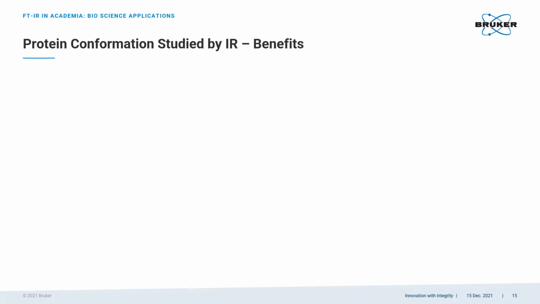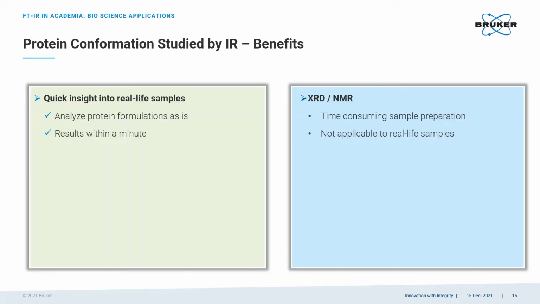Now we've seen what kind of analytical information can be obtained from the IR protein spectrum, but we also want to take a look at its general characteristics and how it compares against other analytical approaches. The IR method allows a quick insight into real-life samples.